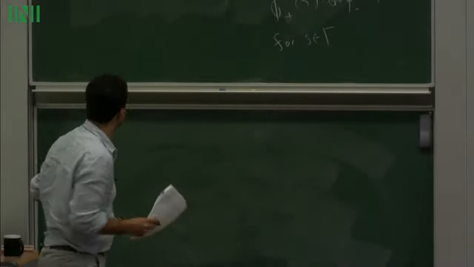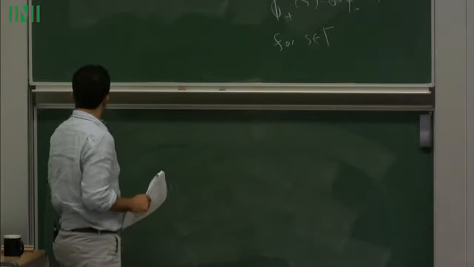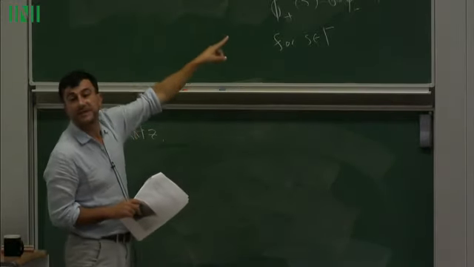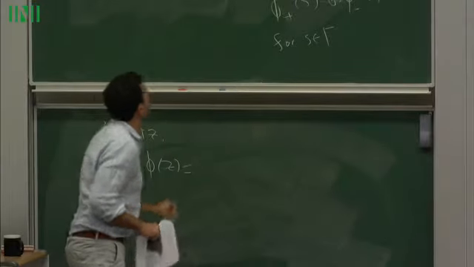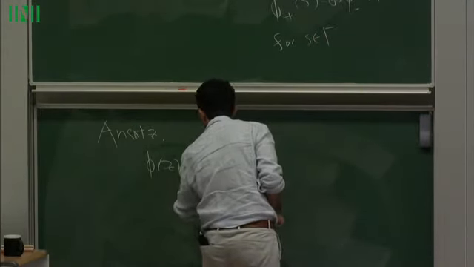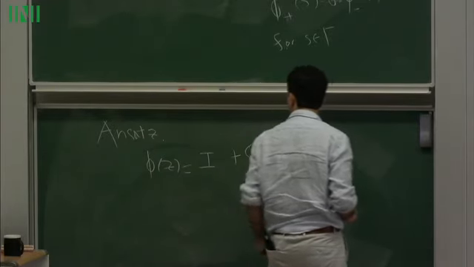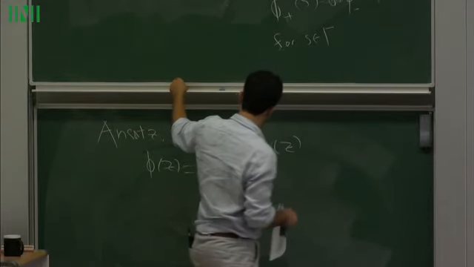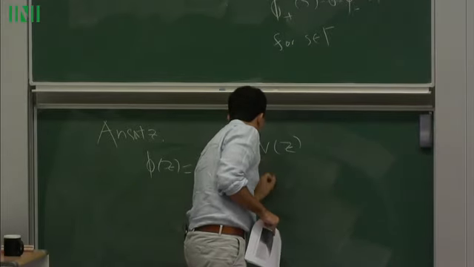Okay, so this sort of gives a natural ansatz for phi. Well, we don't want it to go to 0 at infinity, we want it to go to identity, so we write it as identity plus Cauchy transform of v of z, where v is unknown.